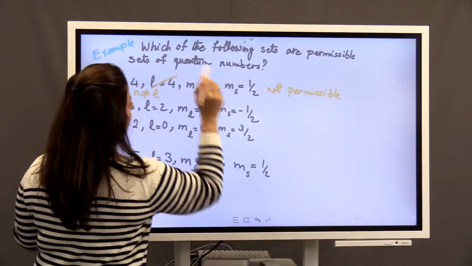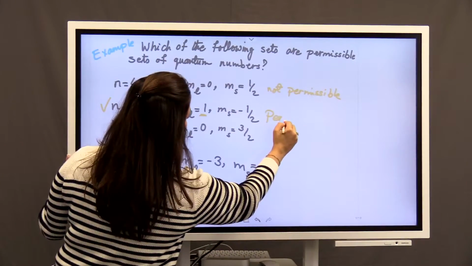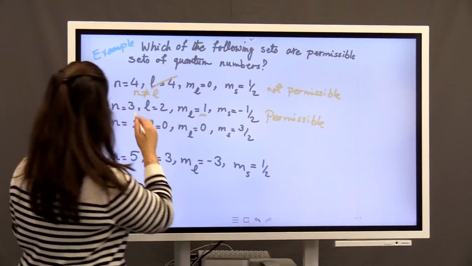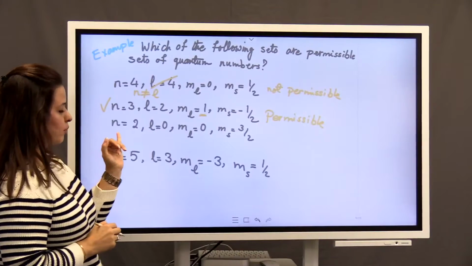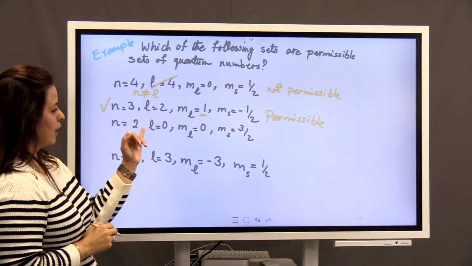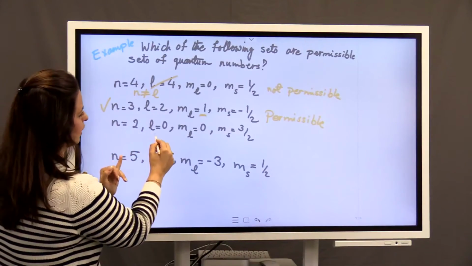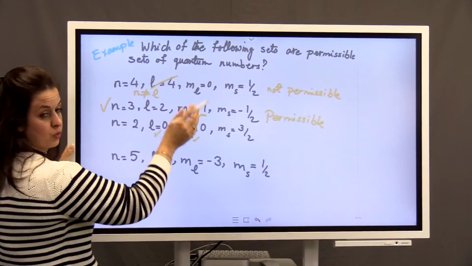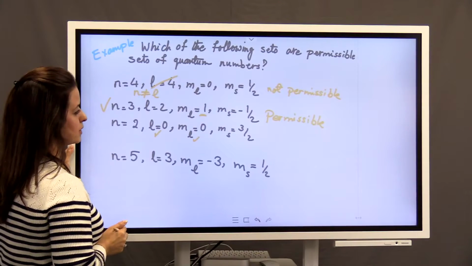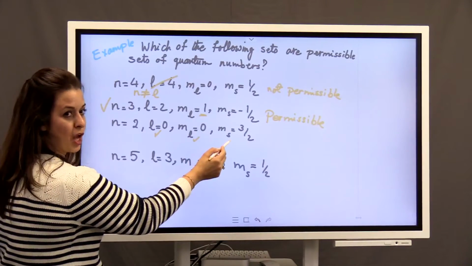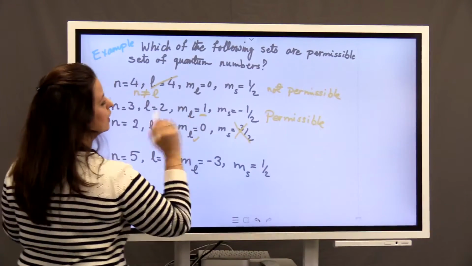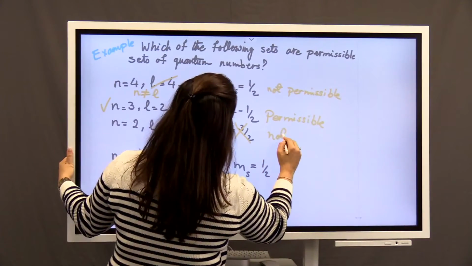So this is permissible. The third set, when N is 2, L is 1 and 0, yes, correct so far. ML is correct so far when you just put all of these in the calculations. But MS cannot be anything except positive and negative 1/2, so it is not permissible.